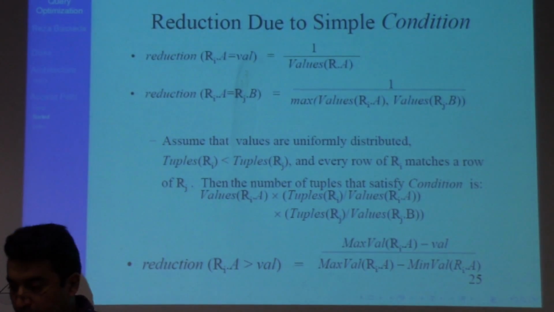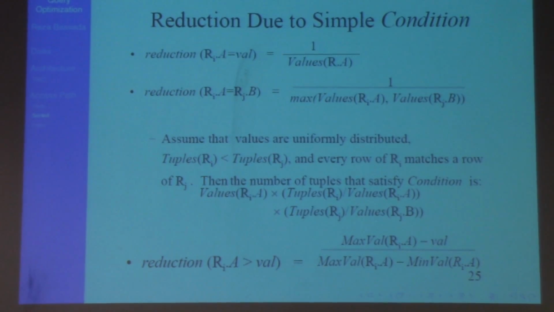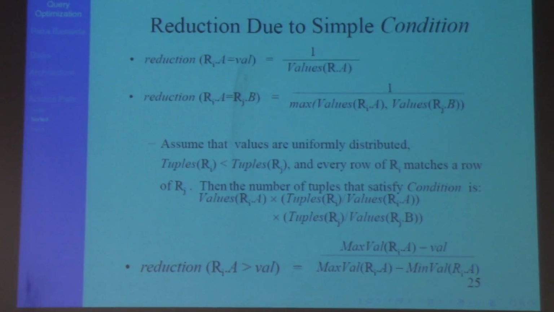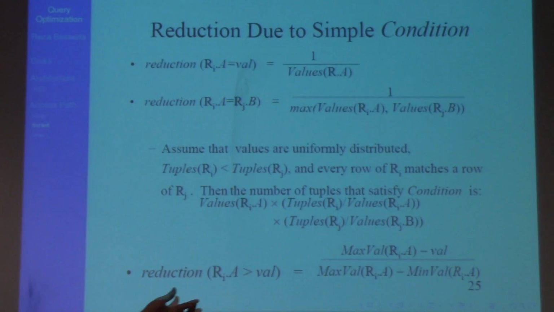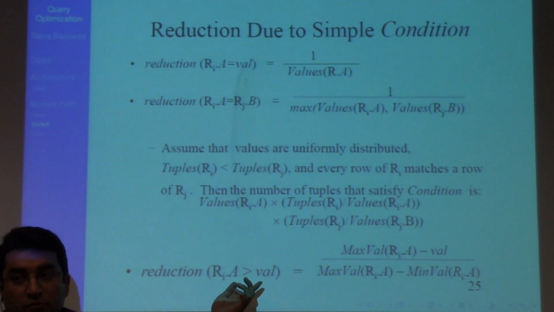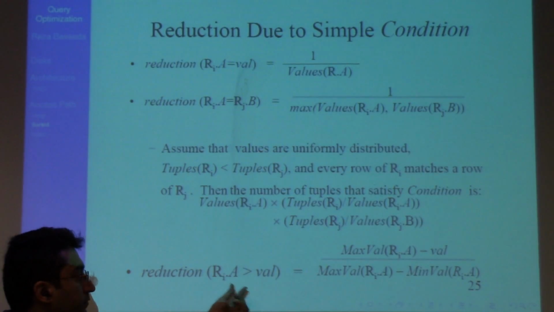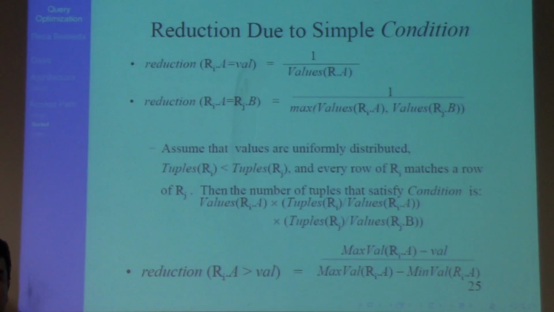Okay, so it was very simple. If the condition is a range query like this, what is the estimation of the output? Suppose that we are looking for all of the rows whose value for attribute A is greater than a value. What is the size of the output for this? What is your estimation?